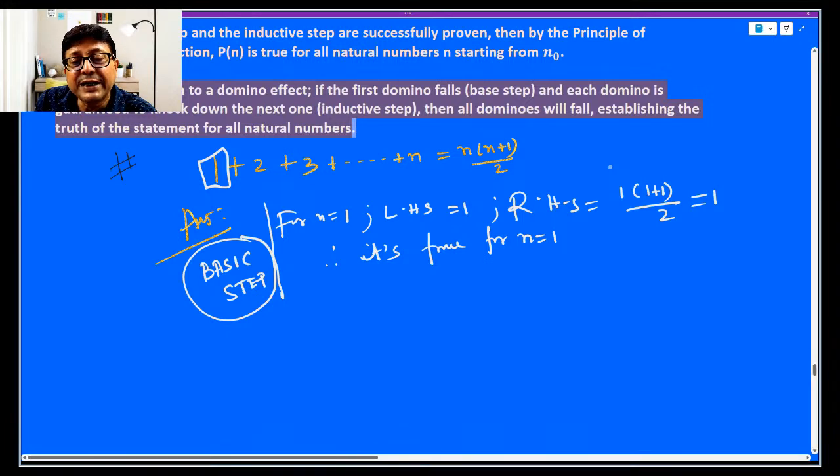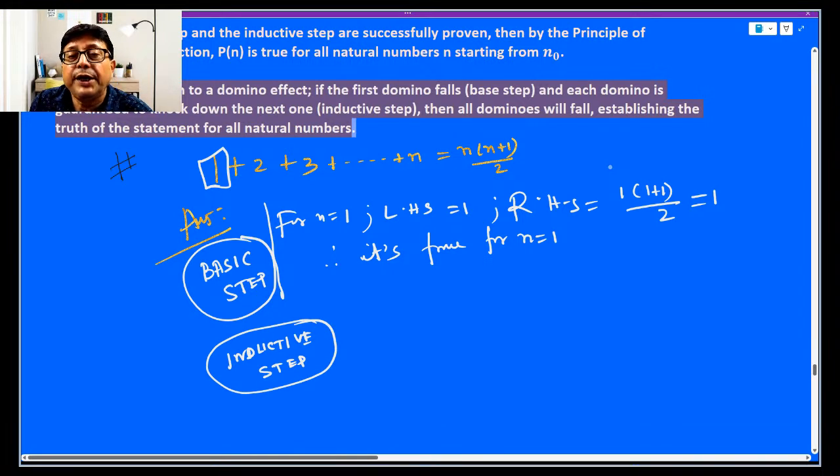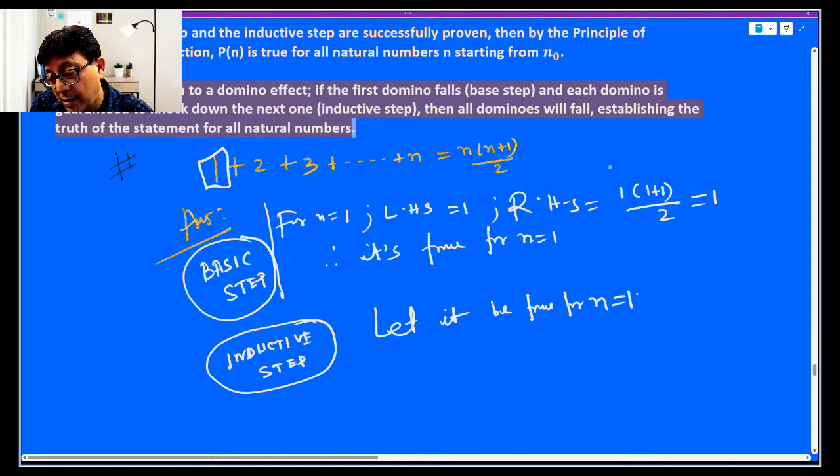Now we'll go for the inductive step. What is that? In the inductive step, we'll assume that it is true for n equal to k. I mean this relation, let it be true for n equal to k.